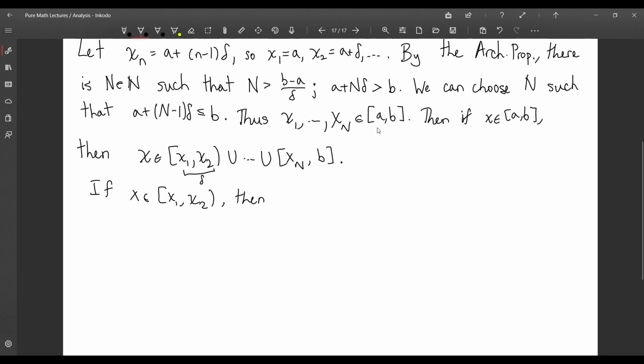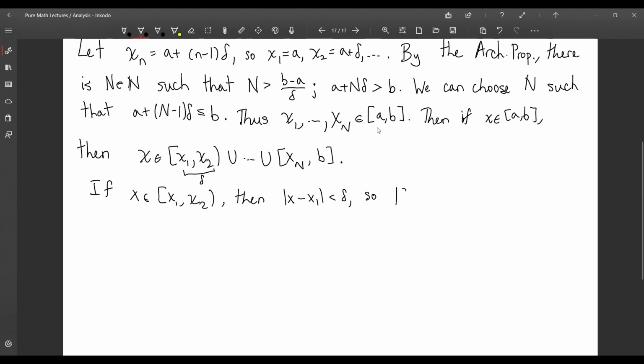Then we know that the distance between x and x1 is less than delta. And it can't be equal to delta, right? Because the only way it would be equal to delta is if you were at the endpoint x2, which is not allowed in this set.